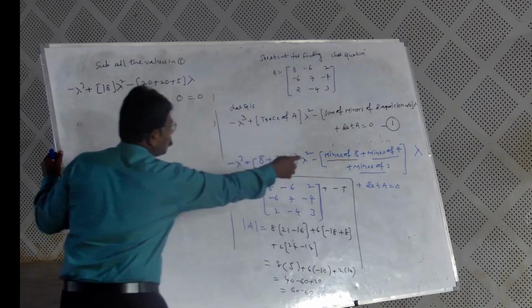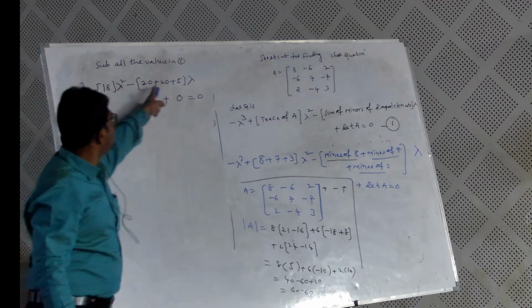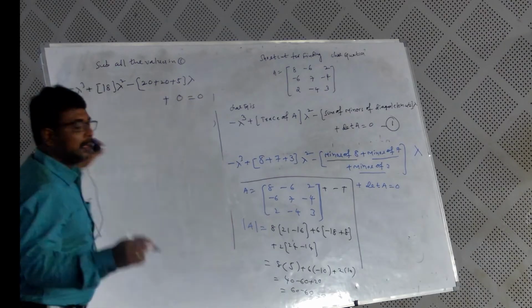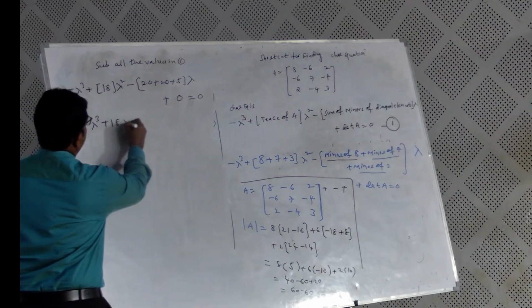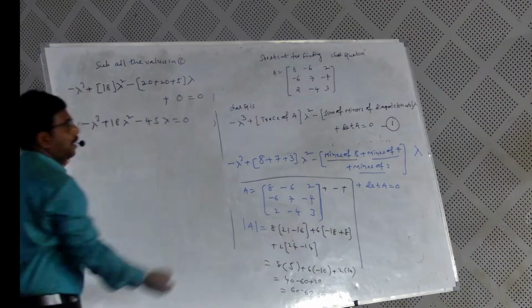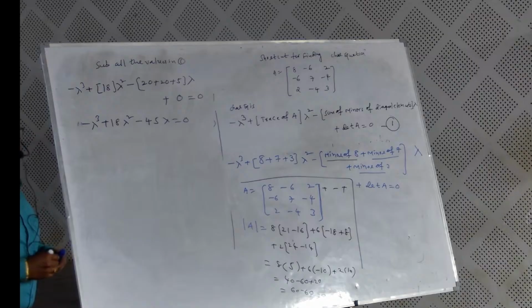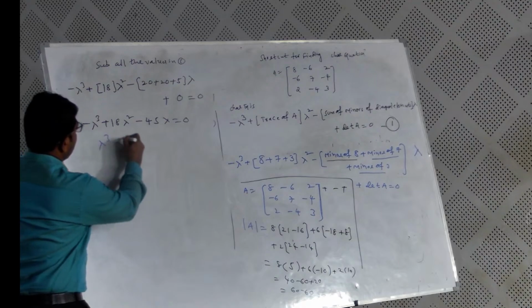Equal to 0, when you substitute the minors and the determinant. Now finally this is minus lambda cube plus 18 lambda square minus 45 lambda equal to 0. Now take minus common. What you will get? Lambda cube.